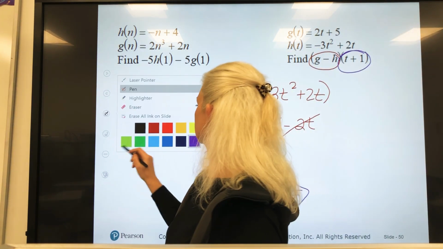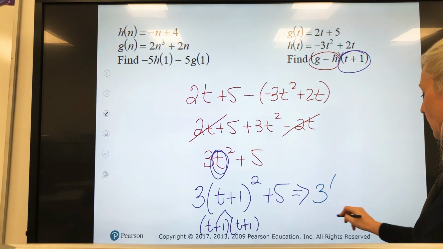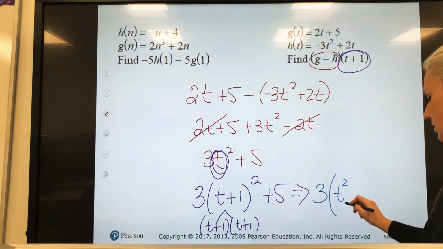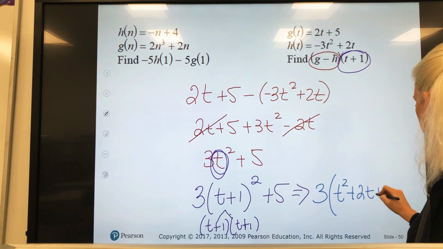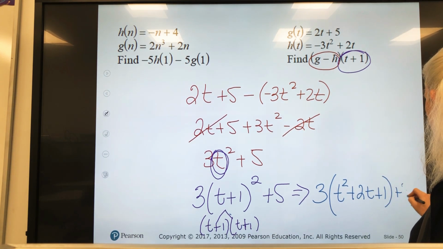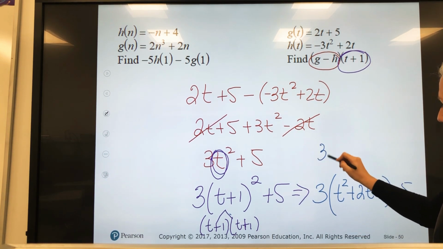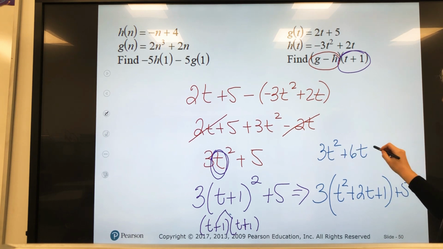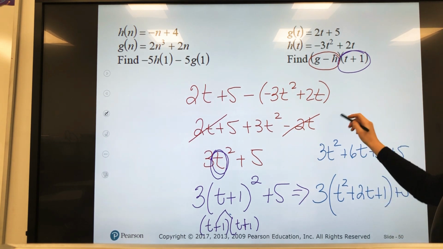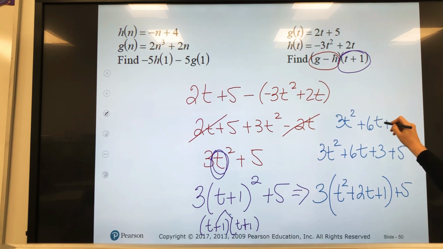I'm going to change colors. So this is a 3 out here. T plus 1 squared is t squared plus 2t plus 1, and then you have plus 5. All right, I'm going to write this up here just so you have more room. 3t squared, I'm distributing the 3, plus 6t plus 3 plus 5. So my final answer is 3t squared plus 6t plus 8.